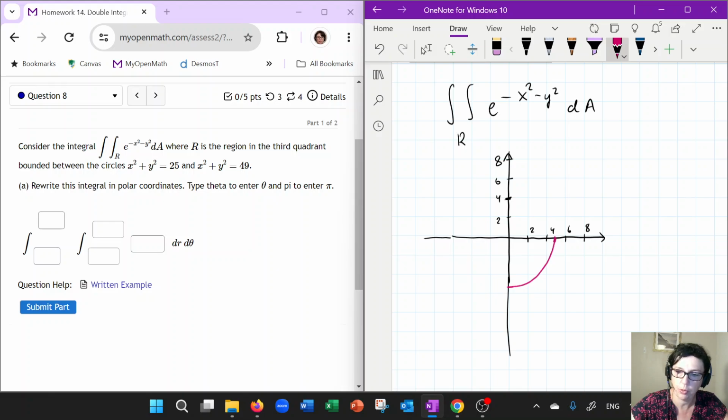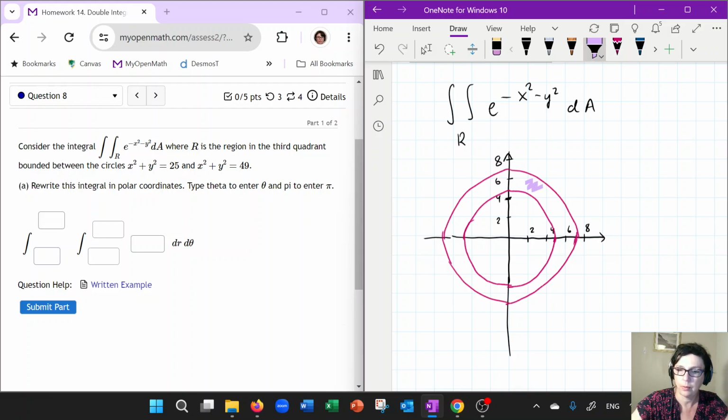So this is going to be your inside circle at 5, something like this. And then the outside circle is going to have radius 7, so that's just going to be right here. So it's between the circles like that donut. Okay, let's think of it as a donut. So the region of integration would be between these circles, right?